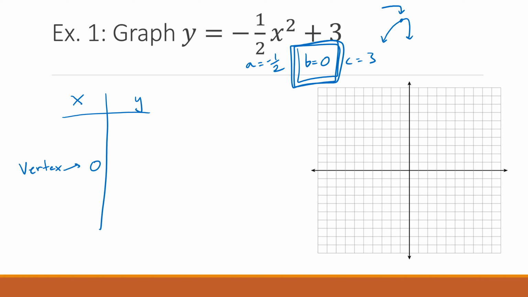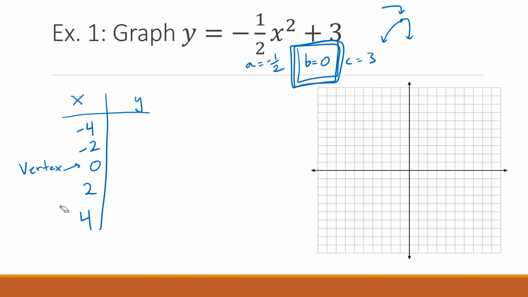I can plot 2 points on either side, and let's make them the same 2 points, and since I'm dealing with a -1/2 here, let's make them even numbers so that when I divide by 2, I don't have to deal with fractions. So let's do -2 and -4, and then we can do 2 and 4. Yes, you always do want to pick 2 points on one side of the vertex and 2 points on the other side of the vertex.